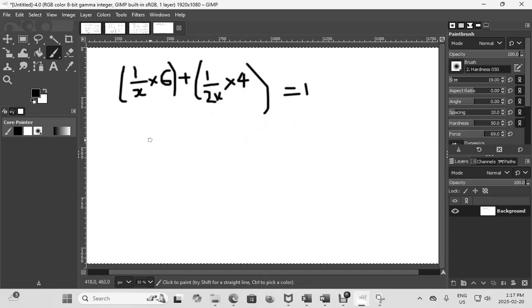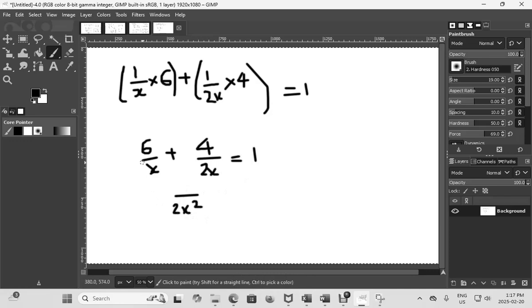So this will be 6 over x plus 4 over 2x equals 1. The common denominator will be 2x squared.